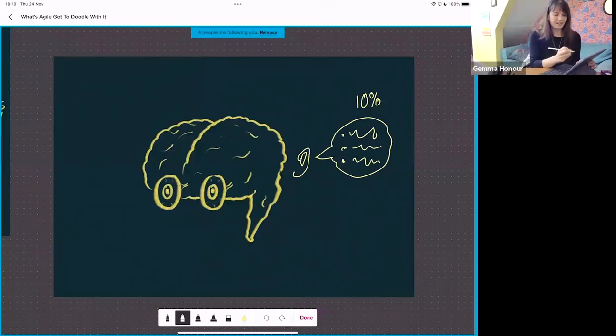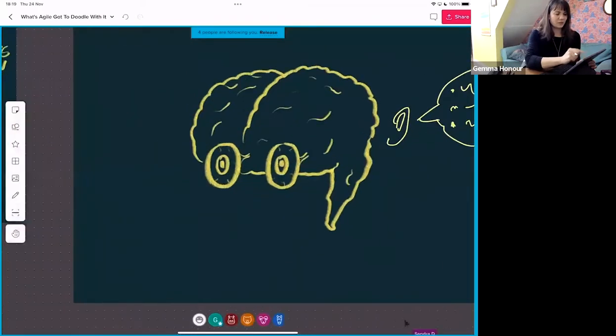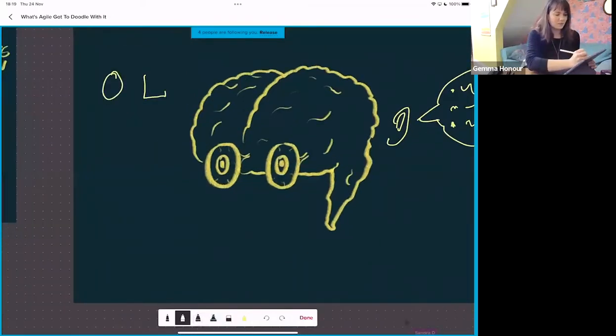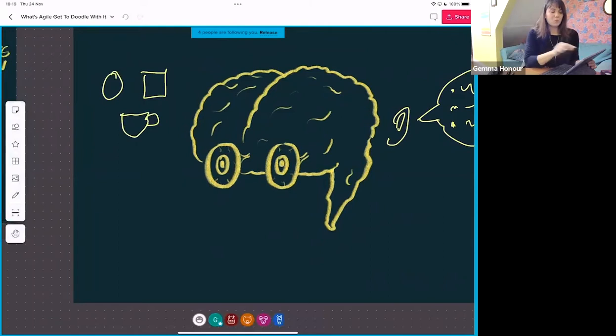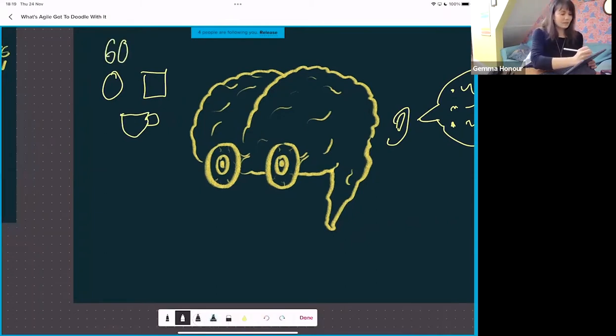We can then make those things visual. For example, a circle, a square, a mug, and that recall, when tested a week later, goes up by quite a lot, to between 60 and 65% recall.